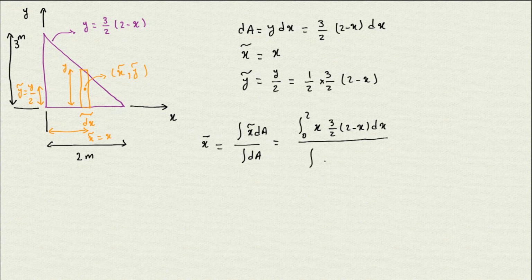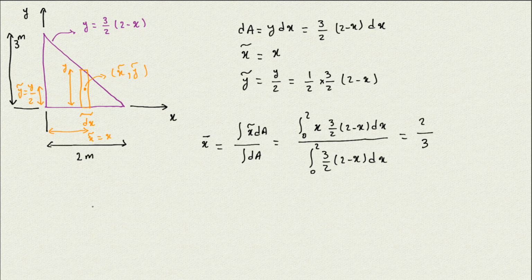And for the denominator dA, the same thing, just replace that value. So again, it's 0 to 2, 2 minus x dx. And if we do the calculation for this one, the value is going to come out as 2/3.